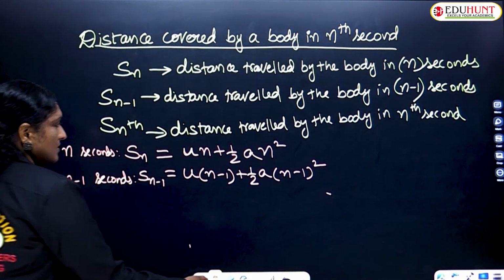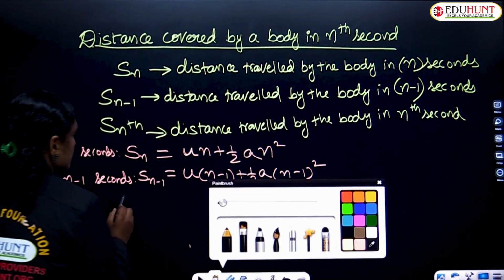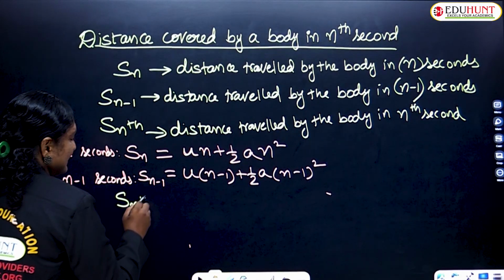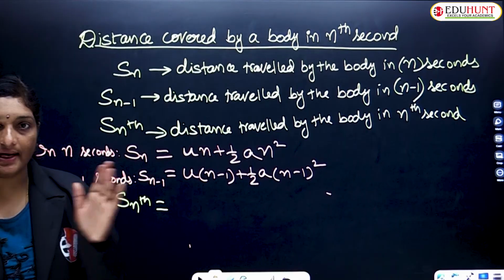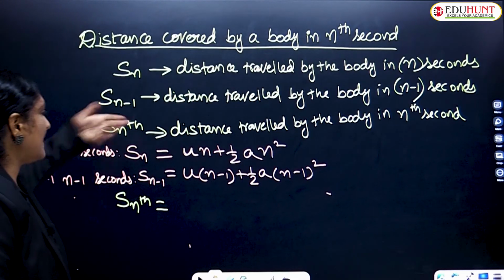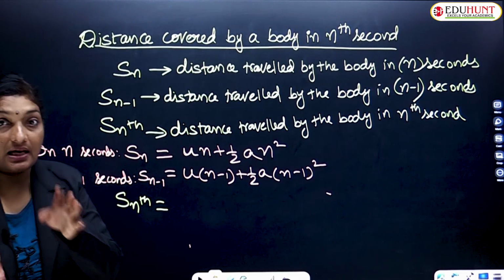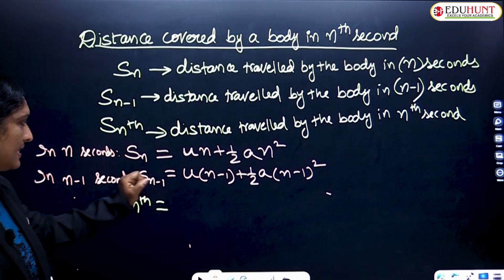Now what I would like to find out is the distance traveled by the body in the nth second. Not in 10 seconds, not in 9 seconds, but in between. Not in n seconds, not in n minus 1 seconds. In between is called the nth second.